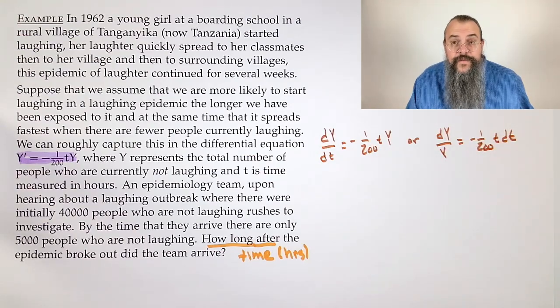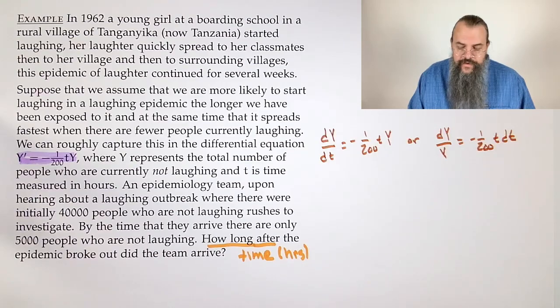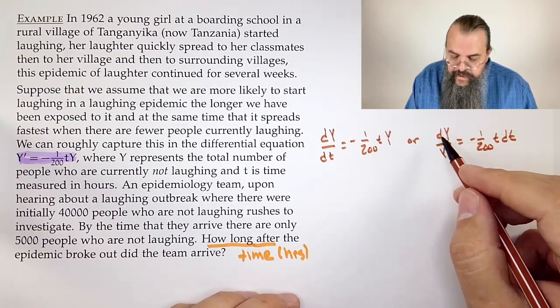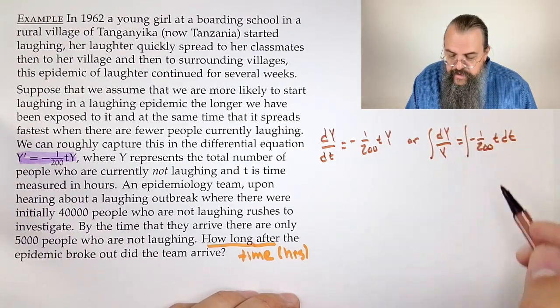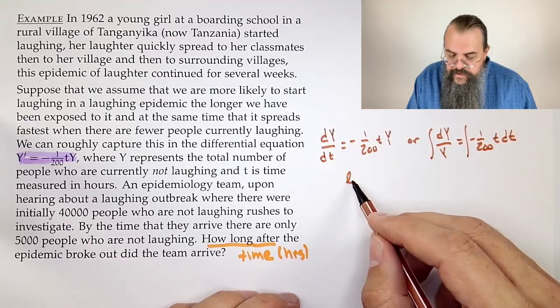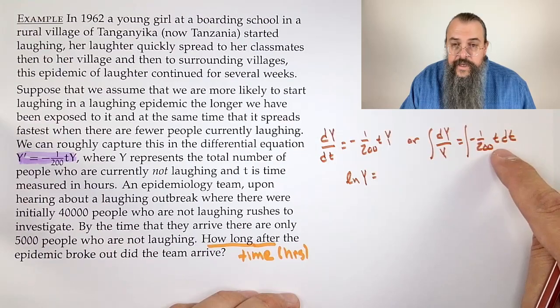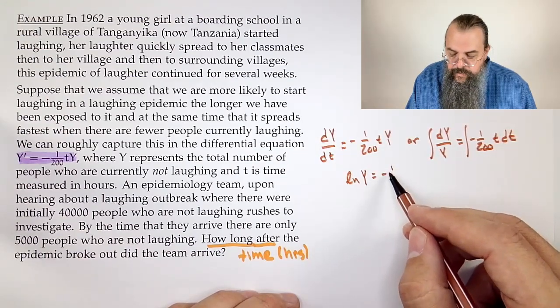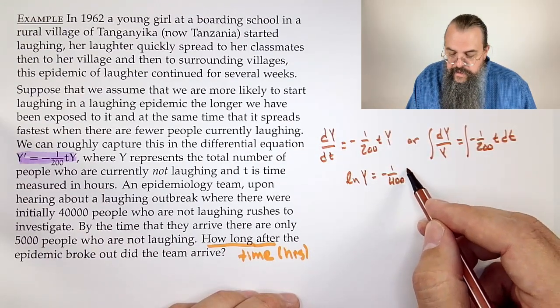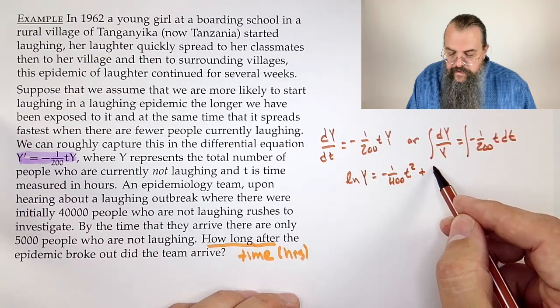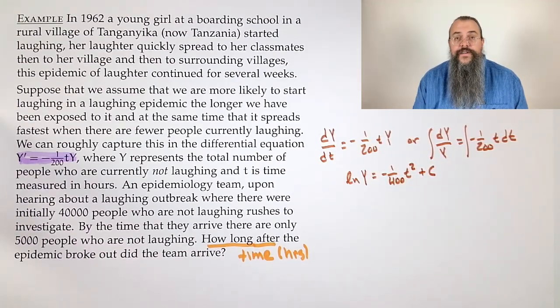Well, what comes next? Integrate both sides, right? You separated. The next thing is you integrate. So we have natural log of y is, we integrate here, we're going to get minus 1 over 400 t squared plus, of course, some appropriate constant c.